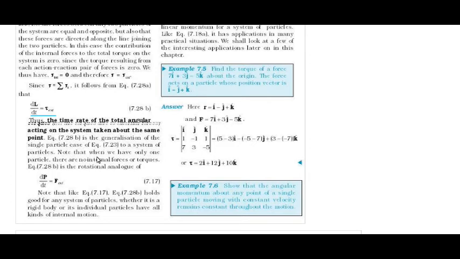Note that when we have only one particle, there are no internal forces or torques. Equation 7.28b is the rotational analog of dp by dt is equal to F external.